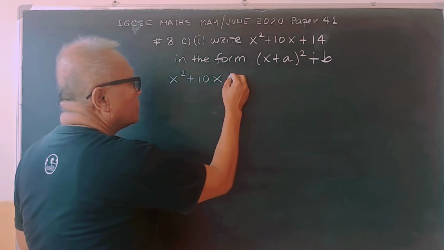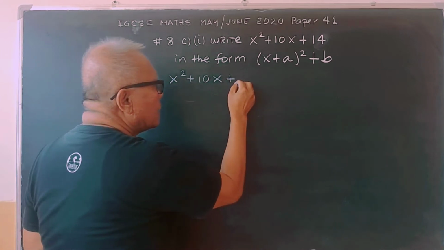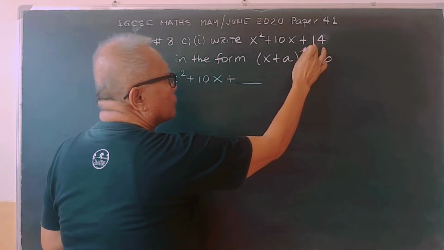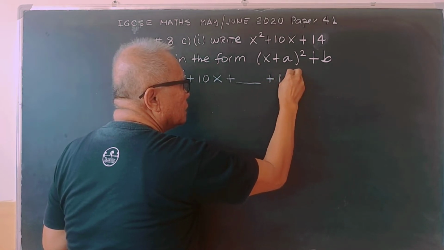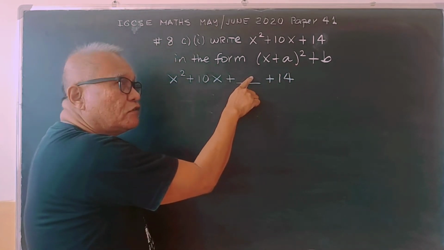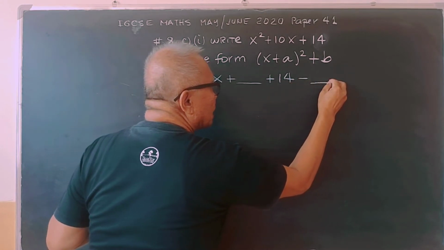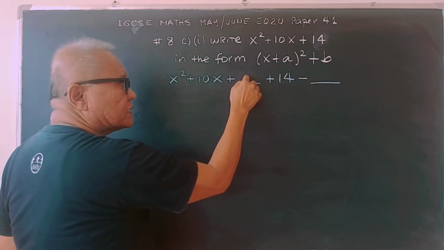So here we will find the last term or the third term of our trinomial so that it will be a perfect square. So 14, we'll move the 14 to the right, and whatever the value of the last term, we will subtract that one also so that our expression will not change its value. So what is this term here?